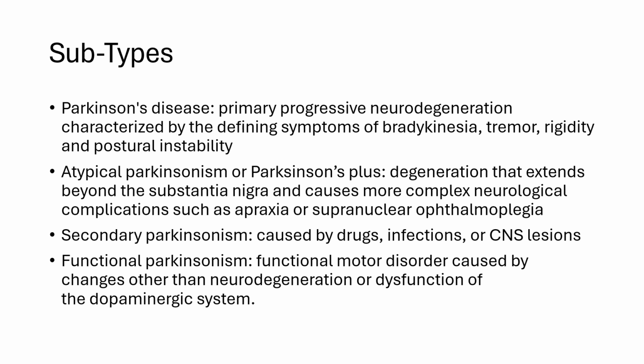You can get secondary Parkinsonism, which is caused by drugs and infections or other CNS lesions, which is always something to consider. And then there's some type of functional neurology where you can get Parkinsonism features that aren't caused by neurodegeneration or drugs.